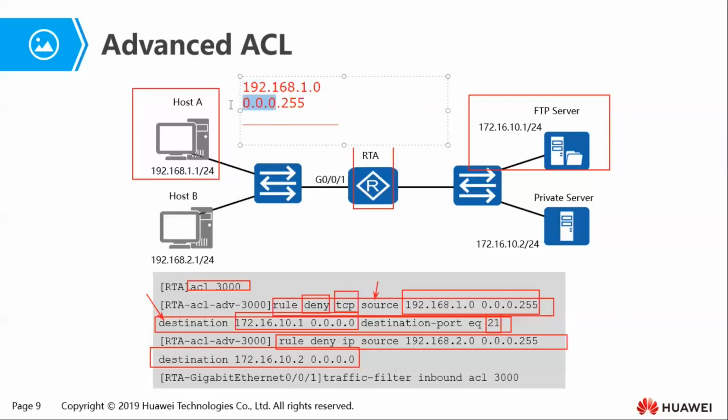So actually we're supposed to convert this into binary and this into binary. Every bit where we have a 0 must match.